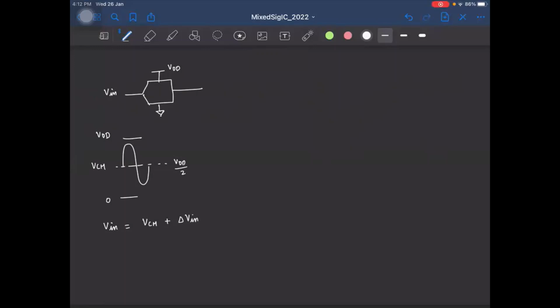And what is the maximum amplitude of the sinusoid you can apply for delta Vin? Well, VCM is indeed equal to VDD by 2, right? So the maximum sinusoidal amplitude you can apply is VDD by 2, right? If you do that, the sine wave does something like this, right? So it reaches all the way at the top to VDD, and at the bottom side, it goes all the way to 0.